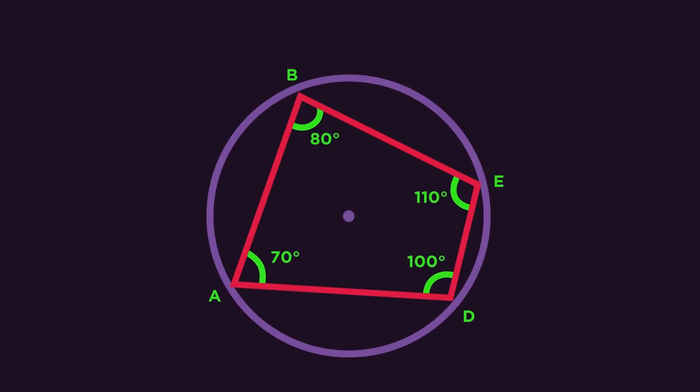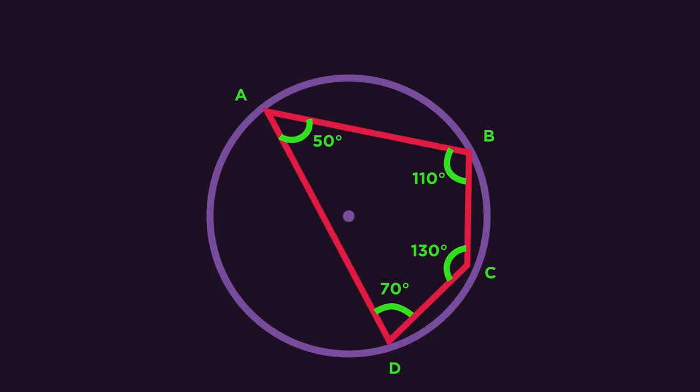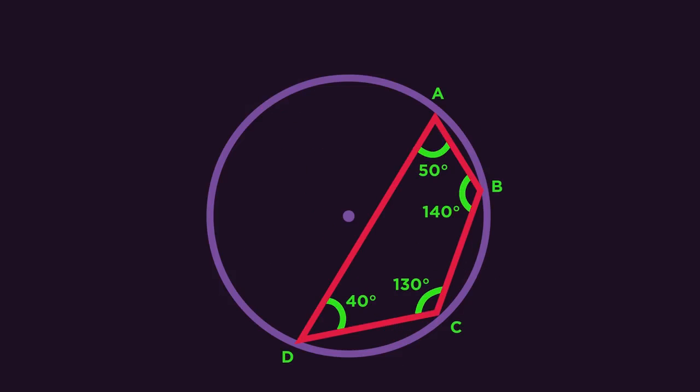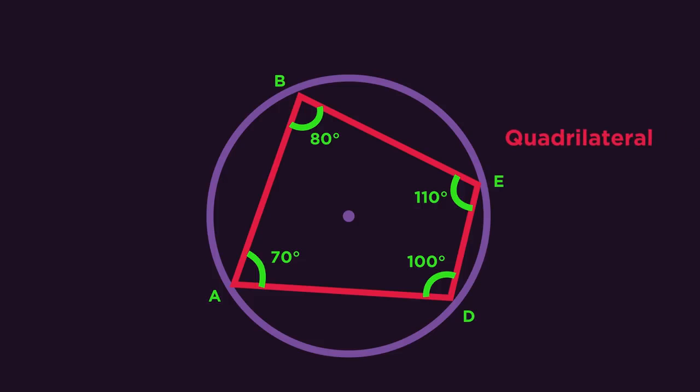So with 3 theorems down, here's the last one for part 1. What type of shape is it and what do you notice about the angles? It's got 4 sides, so it must be a quadrilateral.